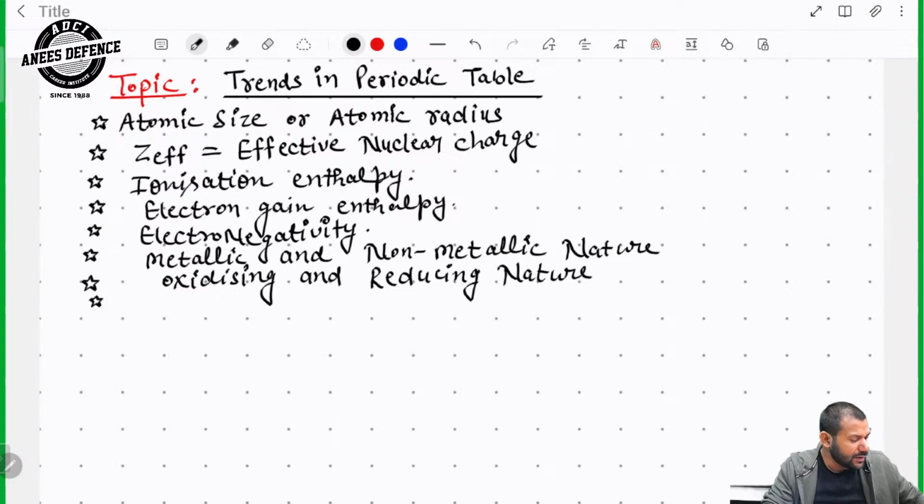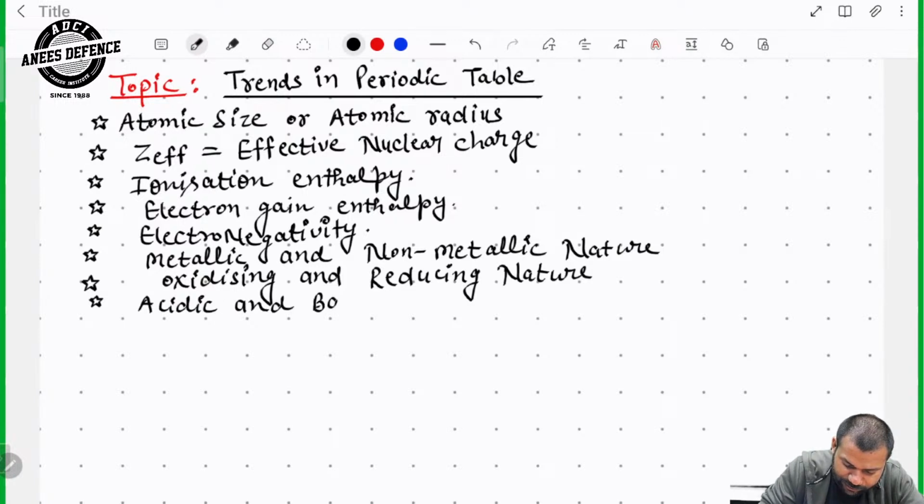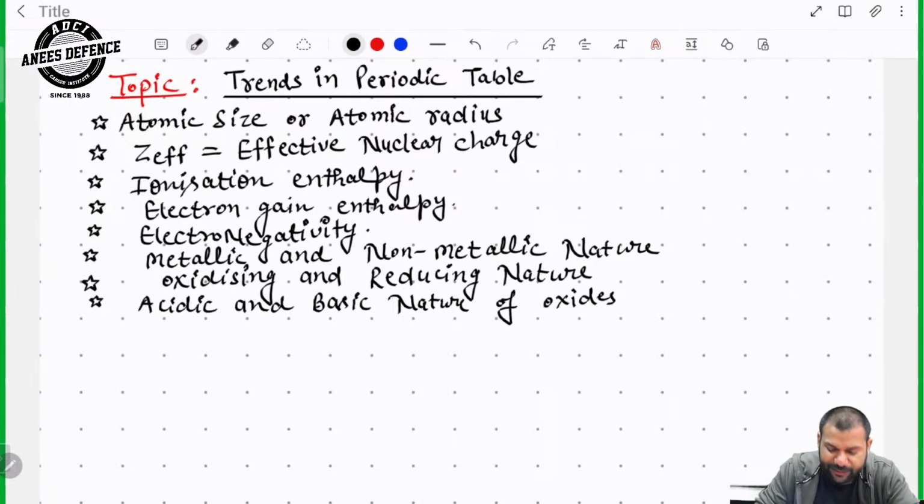Then in the periodic table, sometimes we talk about the acidic and basic nature of oxides of the elements. These all are the basic terminology which we are going to use in this topic, trends in the periodic table.